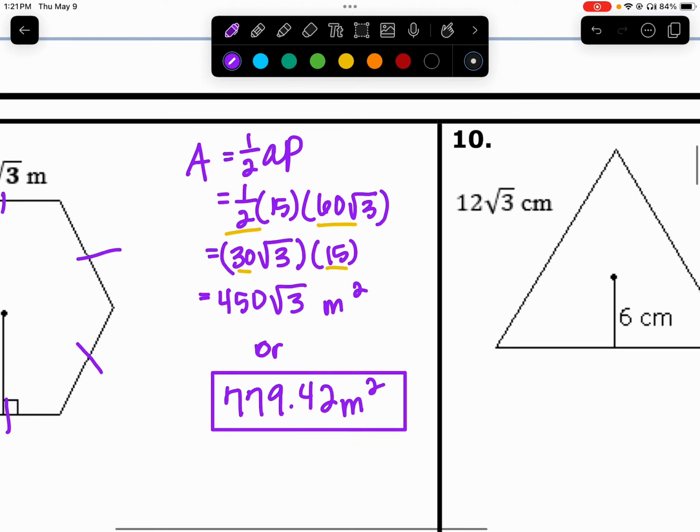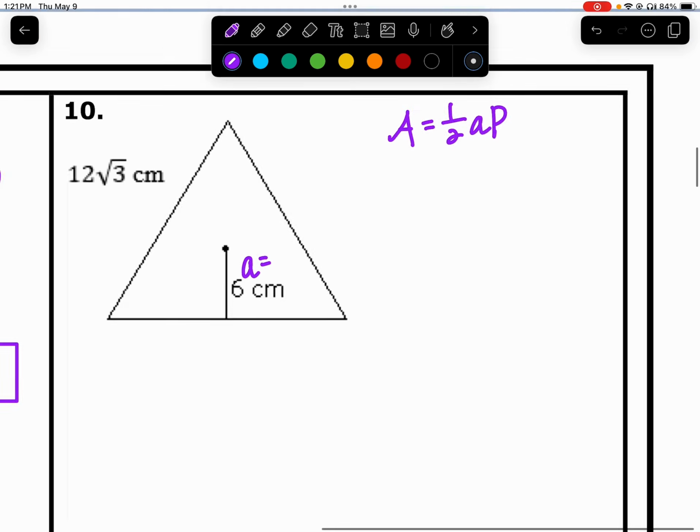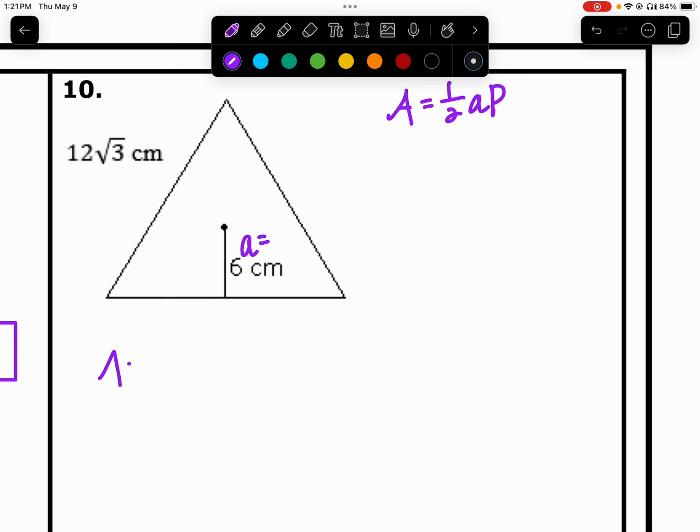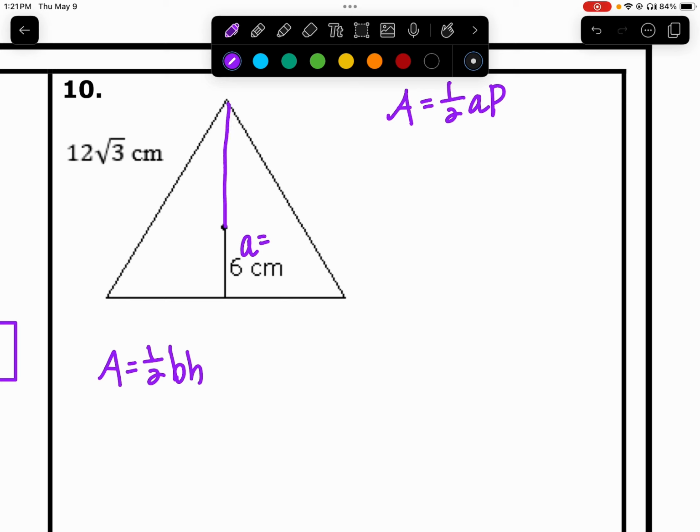All right, number 10. So we have this regular triangle. Now, this is an apothem, so we could use this formula. Some of you are like, oh, it's a triangle, I can use this formula. Hold on, stylus isn't working. Okay, so we could do either one, but if you use this one, you have to figure out the height of the triangle.